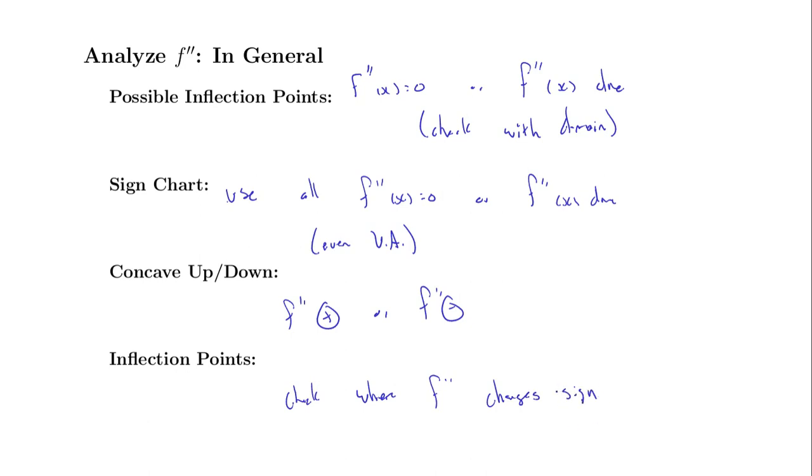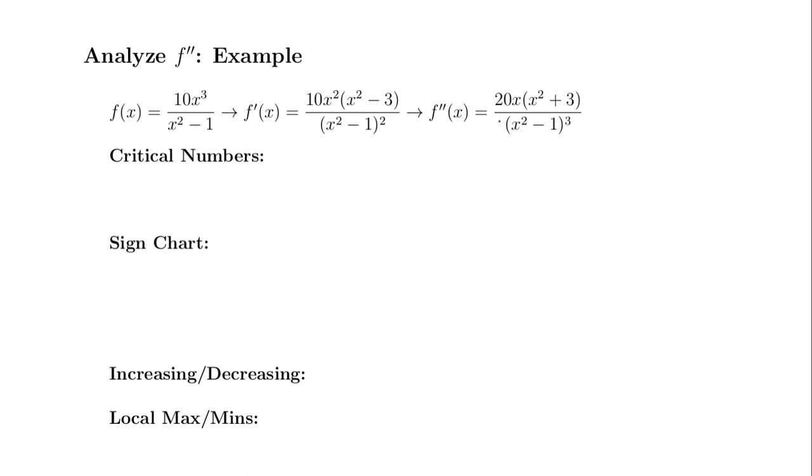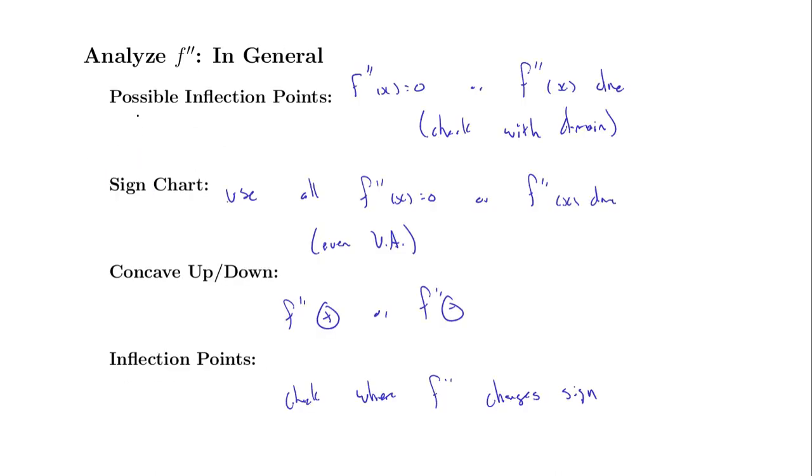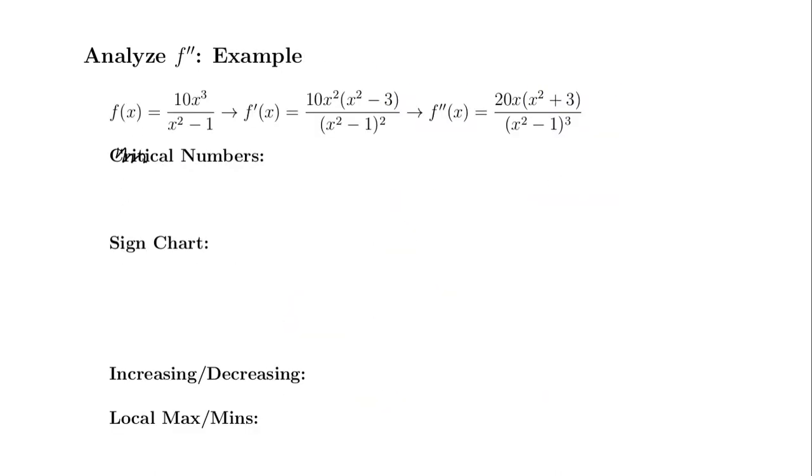So let's go ahead and do this. Here's our second derivative. Oh no, I forgot to change all these. I'll change them on the slides, but they're going to be the possible inflection points. So let me do this. Possible inflection points.